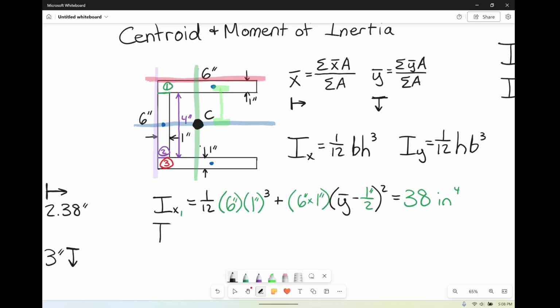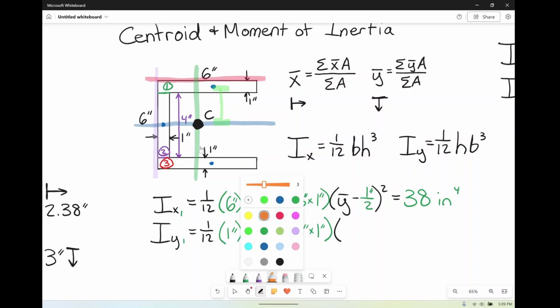We'll do the same thing for y, so Iy1. Again we've got 1/12, the height of 1 inch, the base of 6 inches cubed, plus the area, 6 inches by 1 inch, times the distance from its center horizontally to the centroid.